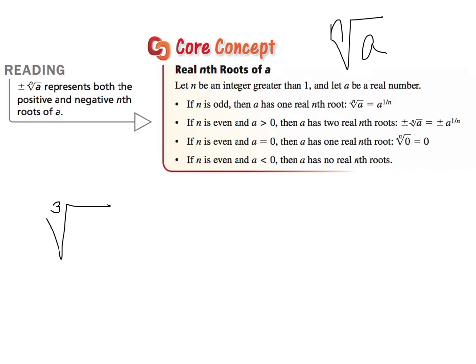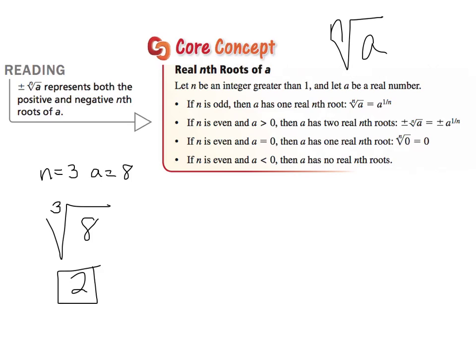If n is odd, and a can be whatever, let's say it's 8, then you'd write it like this. You only have a positive. There's a positive cubed root of 8. So what number times itself 3 times gives you 8? Your answer is positive 2.